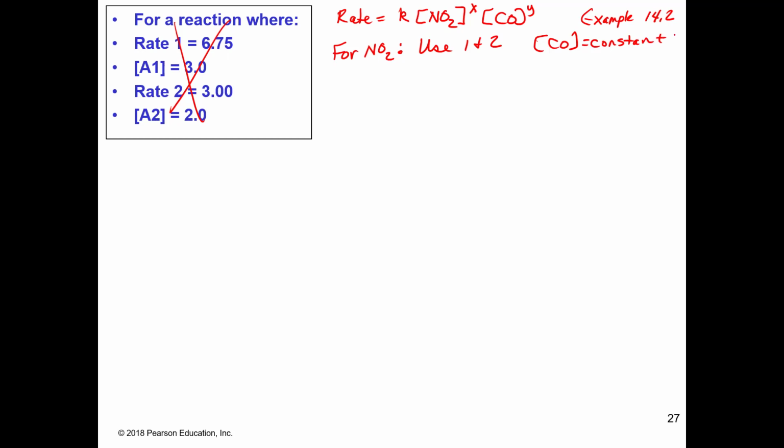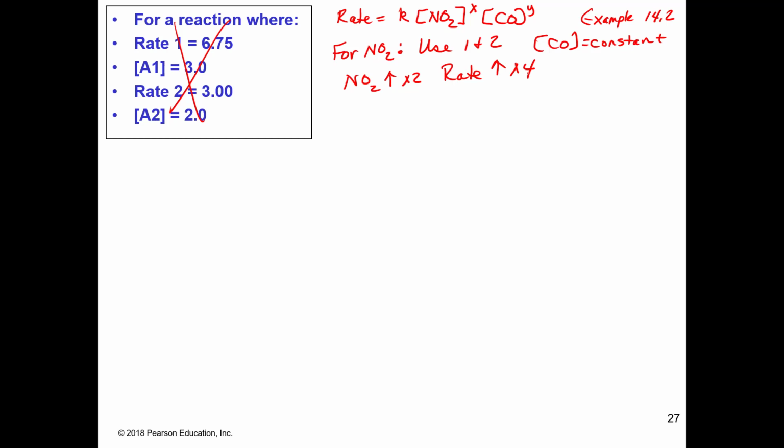So I'm looking for NO2. So NO2 goes up times 2, from 0.1 to 0.2, because we're using 1 and 2. And when I do that, the rate goes from 0.0021 to 0.0082.